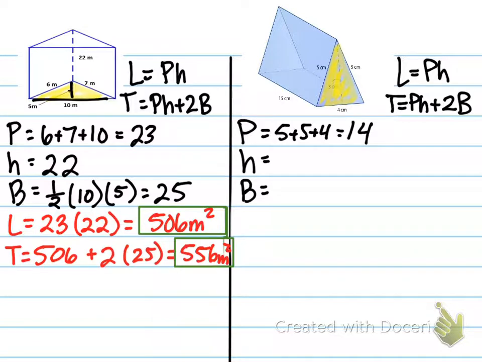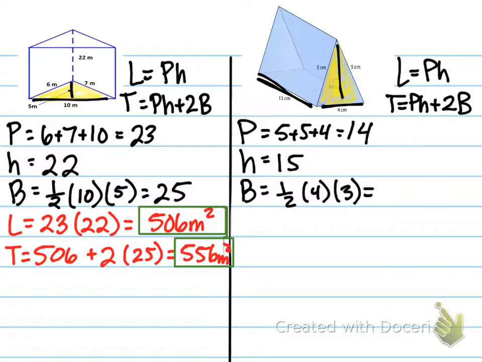The height of the prism is 15, because remember, it's the distance between the two bases. And our area of the base is 1/2 times the base of the triangle, which is 4, times our height of the triangle, which is 3. That gives us a 6.